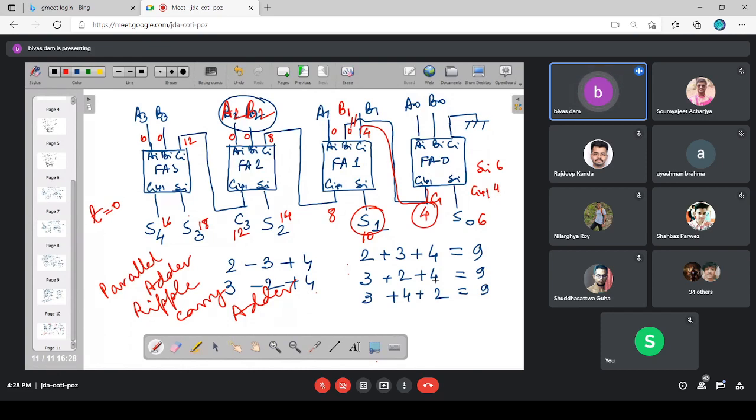Then I can expect, after a certain time, the effect of C1 coming here, and that will in turn have its effect available here as well as here. Then this state change in C2 will be reflected here, and that will in turn have its effect here as well as here. Then whatever change has occurred in C3 will get reflected here, and that will get reflected in turn here as well as here.